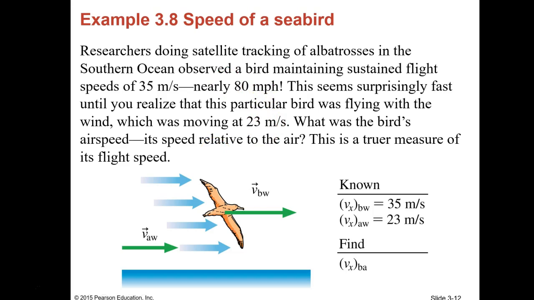We know these velocities. We know that the bird is observed maintaining a sustained flight of 35 meters per second, and the wind was going 23 meters per second. So we're looking at what's the bird's airspeed, its speed relative to the air.